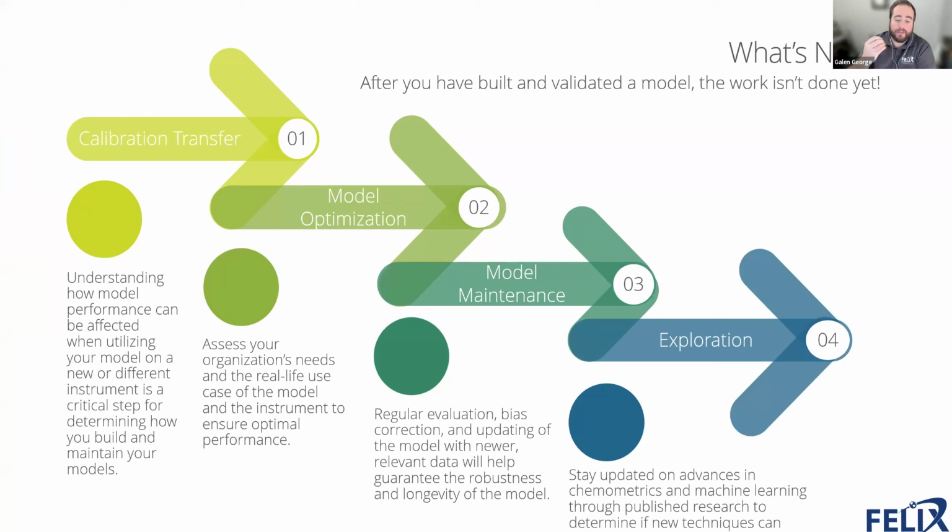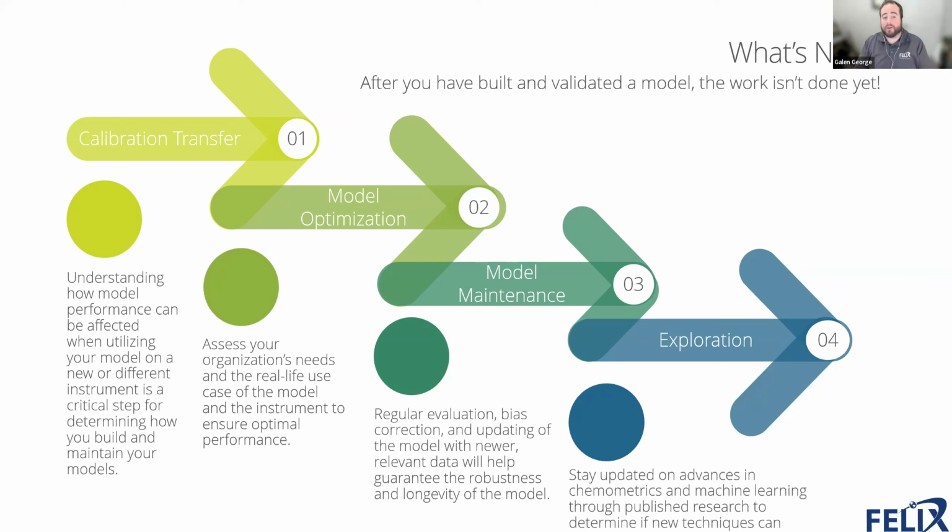Now, there is a problem that's been known about since the development of this technology, where we can't simply take a model that we've built with one instrument and put it on another instrument and expect it to work the exact same way. Even if those two instruments are technically identical, with the same hardware, the same spectrometer, there is still going to be a mismatch in predictions and sometimes in spectra.